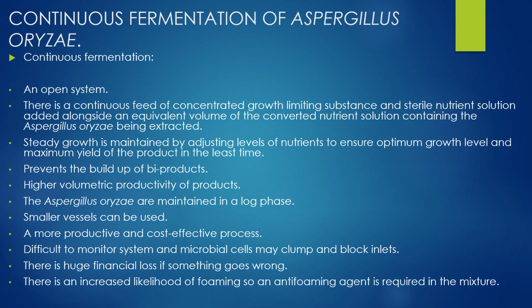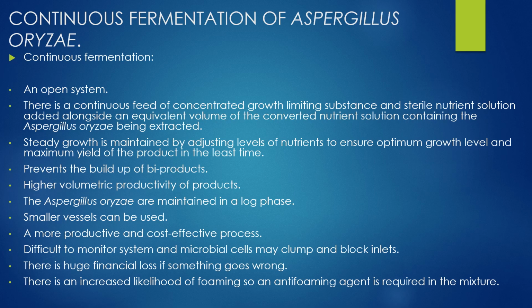Continuous fermentation is an open system where there is a continuous feed of concentrated growth-limiting substance and sterile nutrient solution added alongside an equivalent volume of the converted nutrient solution containing the Aspergillus oryzae being extracted. There is a steady growth which is maintained by adjusting levels of nutrients to ensure the optimum growth level and maximum yield of the product in the least time.